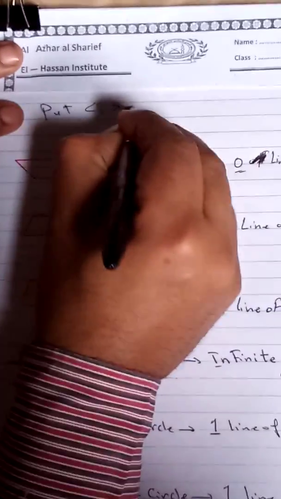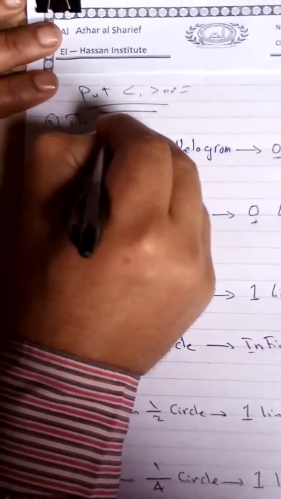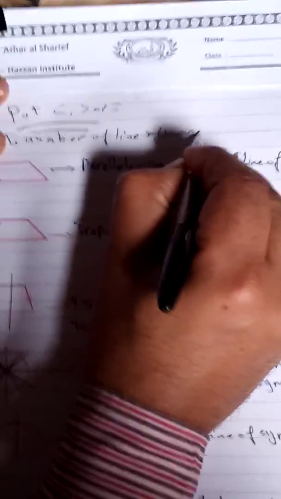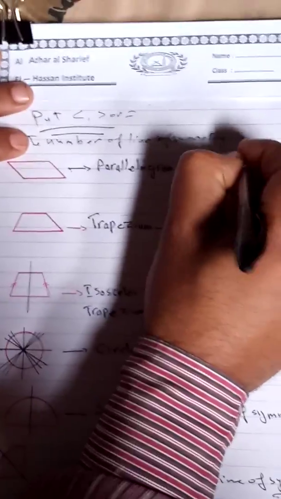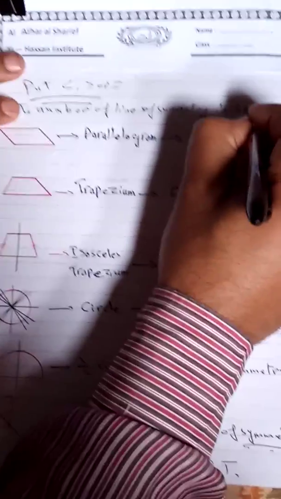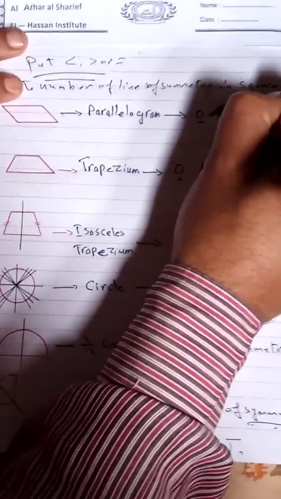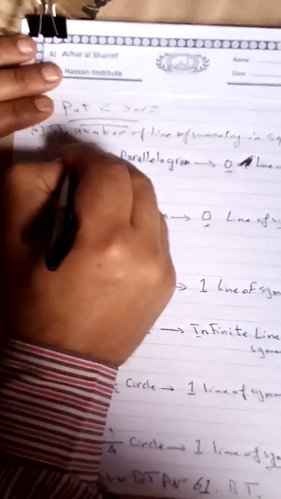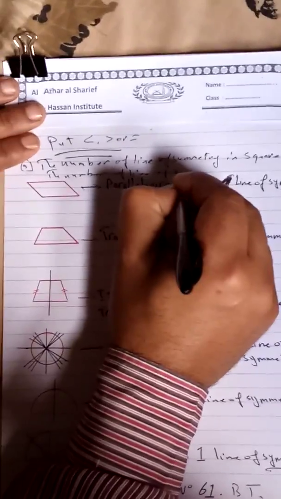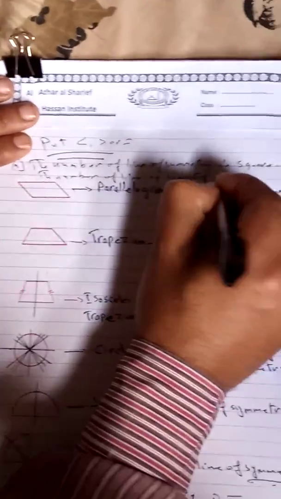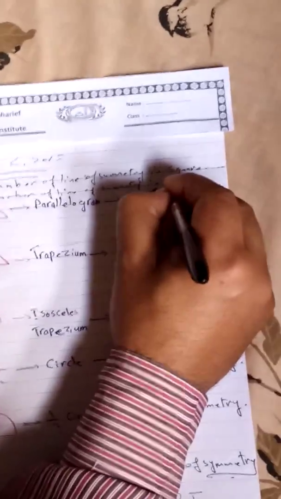Put more than, less than or equal to, comparing the number of lines of symmetry in a square with the number of lines of symmetry in a rectangle.